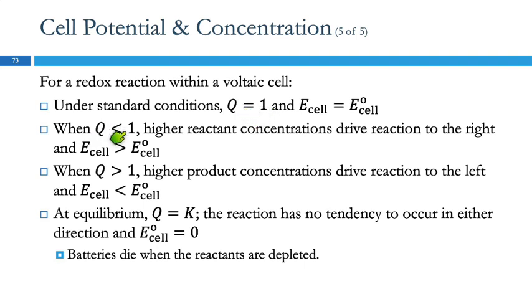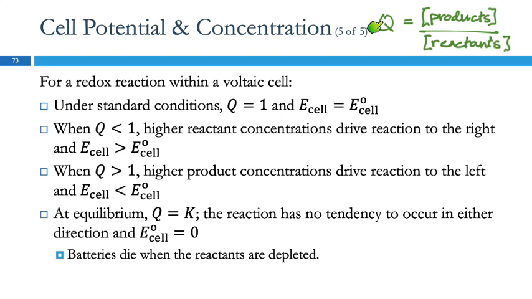Let's write that out. Q is the concentration of the products over the concentration of the reactants.